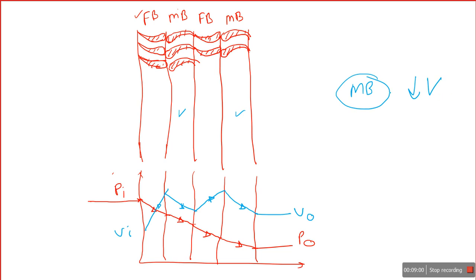Drop in velocity, but if that moving blade's cross sectional area is the same, pressure is constant. And if that moving blade's cross sectional area is varying, pressure decreases. So remember this fact, it is very important.